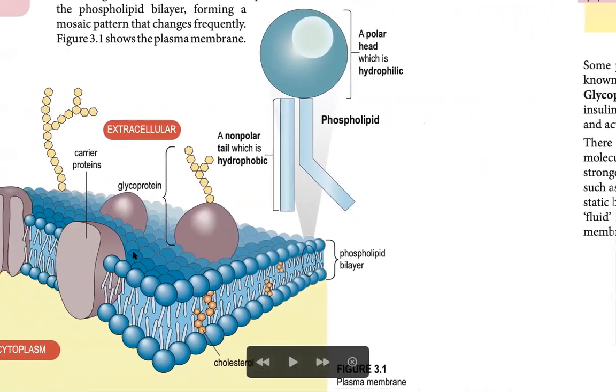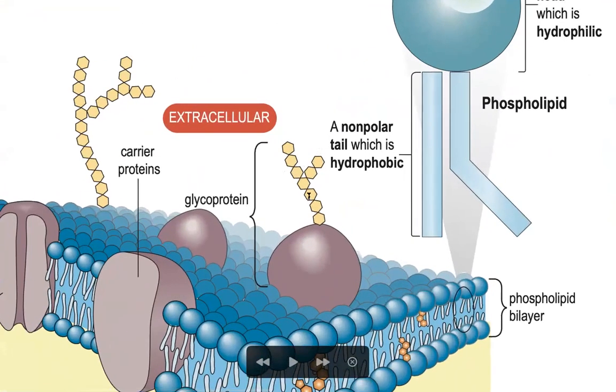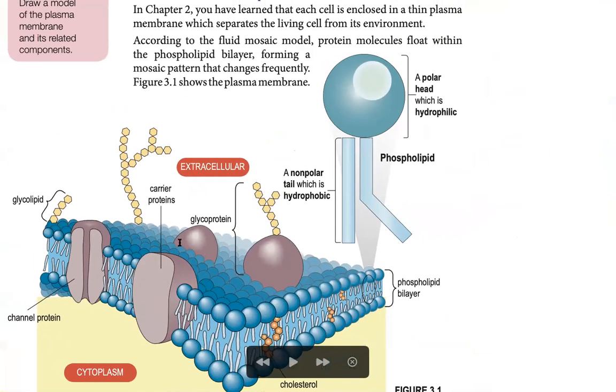Okay, guys. So we are done with carrier protein and channel protein. The last one is glycoprotein. If you see, this is protein, and this is carbohydrate. Glycoprotein is a combination of protein and carbohydrate. If it is just like this, it doesn't match with anything, so we call it a glycolipid.